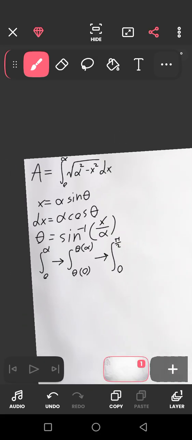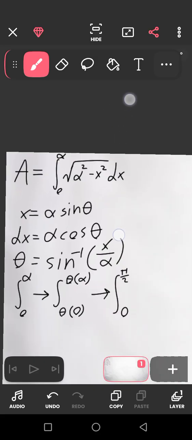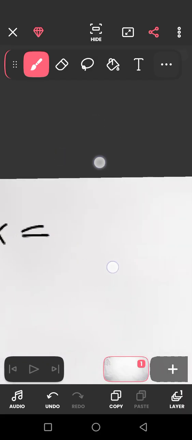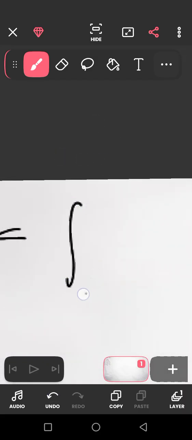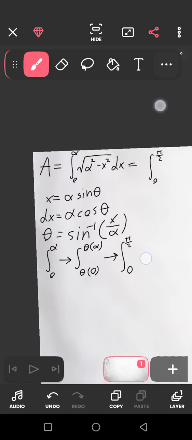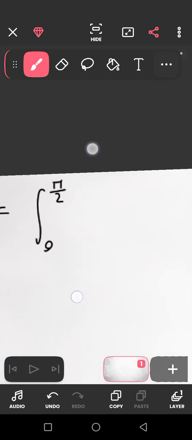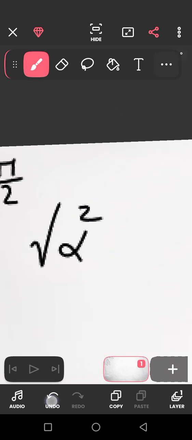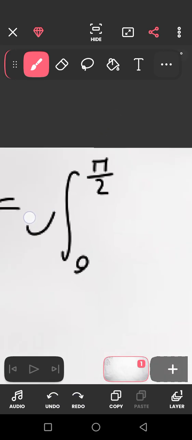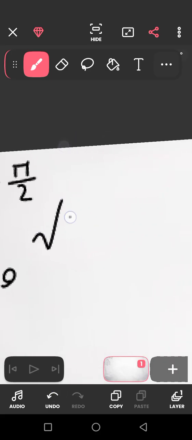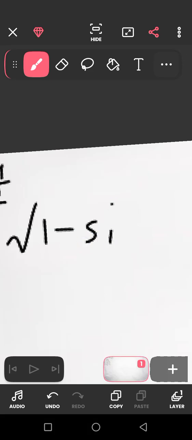So the integral is from 0 to pi by 2. Let's factor the inside of the square root: the square root of a squared times 1 minus sine squared theta.